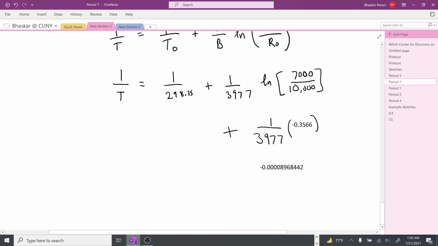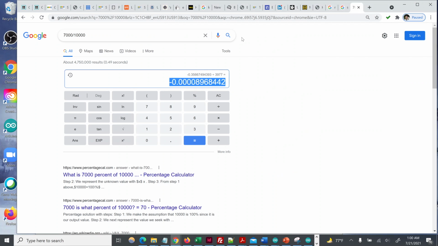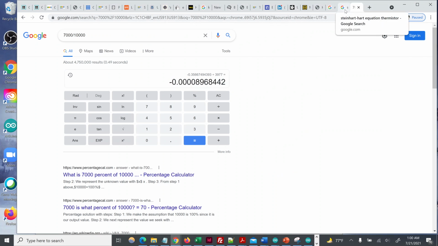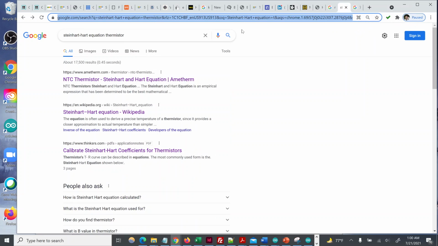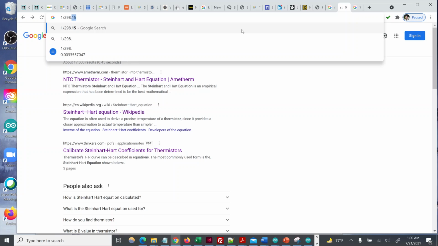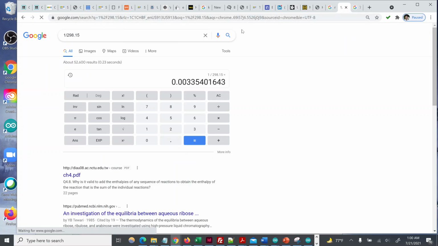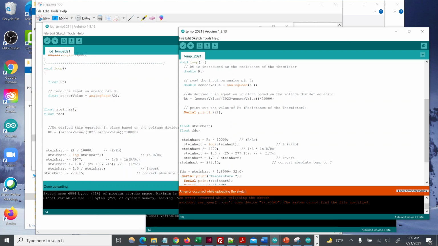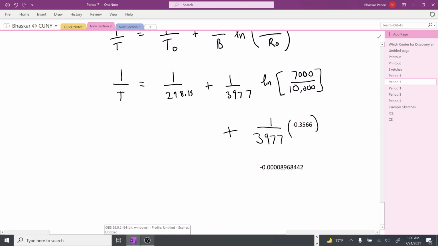Let's do this next, which is 1 over 298.15. Let's do that in a different tab. 1 divided by 298.15. That's a tiny number. Let's copy that also. Okay, let me paste that in here.